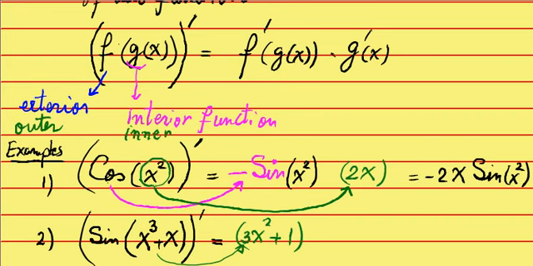Then I have to differentiate my exterior function. So that's going to be cosine of, cosine of what? Cosine of whatever we had first time around, x cubed plus x.